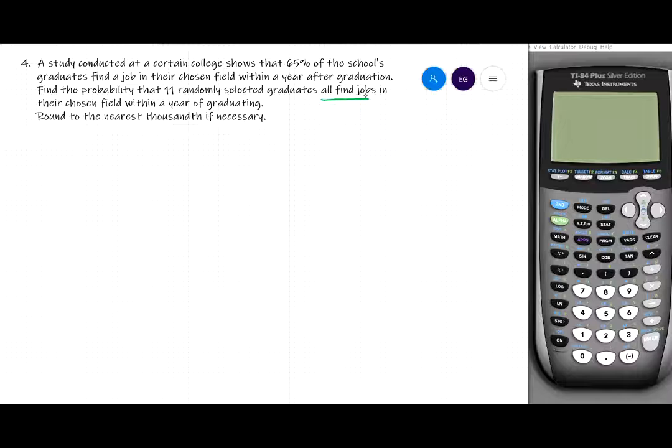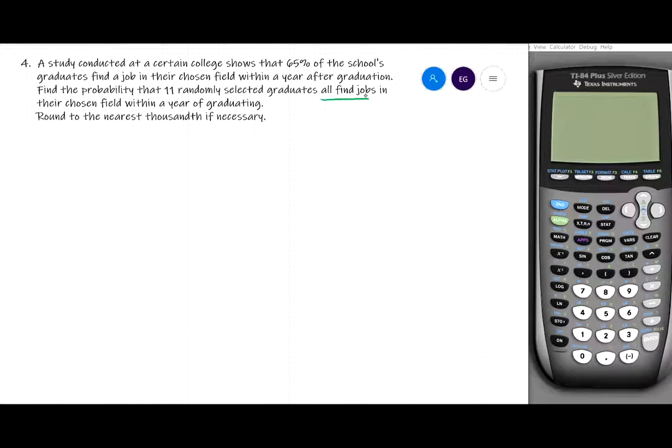Well, technically it's not independent, but because of the 5% rule, colleges have thousands of students, so 11 of them represent well under 5%. So even though technically this is a dependent event, we treat it as independent because independent events are easier to calculate.